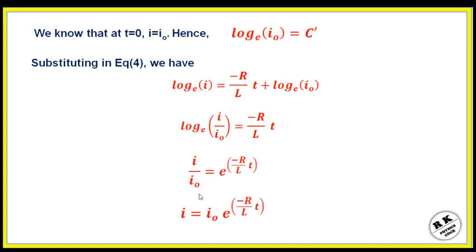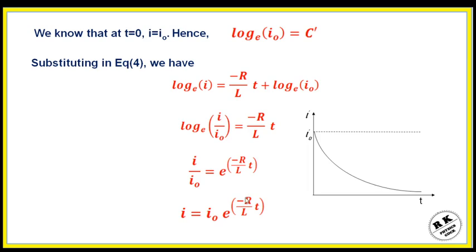After rearranging, I is equal to I naught times e power minus R by L t. Now this represents the instantaneous value of current during the decay of current.